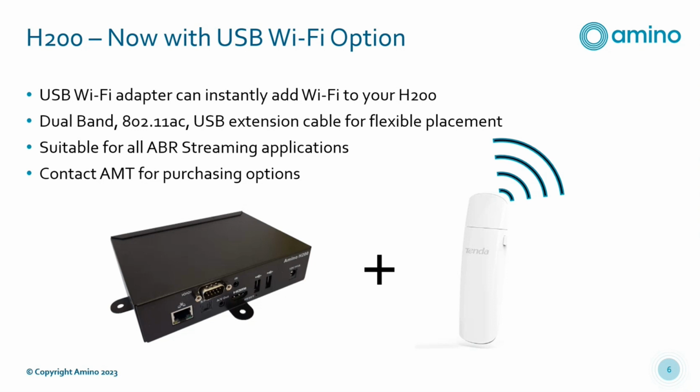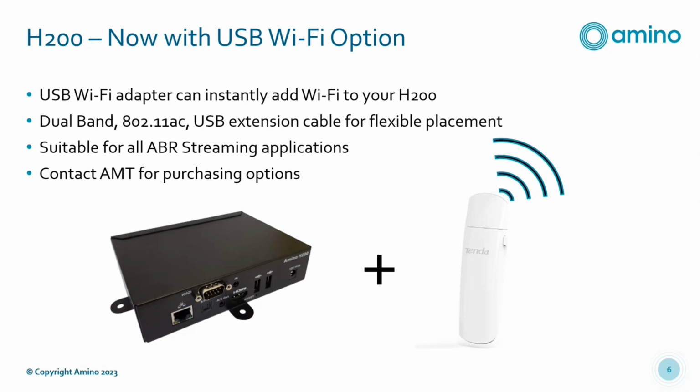So we went out to the market, and we did a lot of testing with different adapters for the H200. We have certified an adapter now. It is a dual band 802.11 AC Wi-Fi adapter. It's plug and play, so you plug it into the back of the H200, you reboot the box, and it'll come up and ask you to enter your SSID and password.